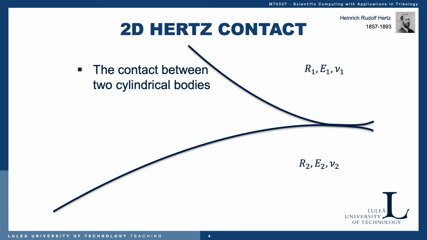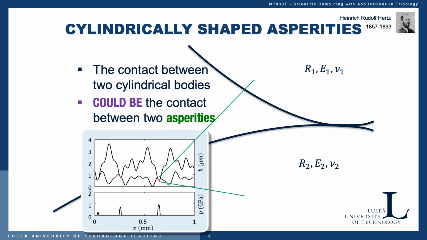If they are cylinders, it's only one radius for each cylinder, R1 and R2 here, and then there are the material properties in terms of the Young's modulus and the Poisson ratio. Again, the contact between the two cylindrical bodies could be the contact between two asperities.